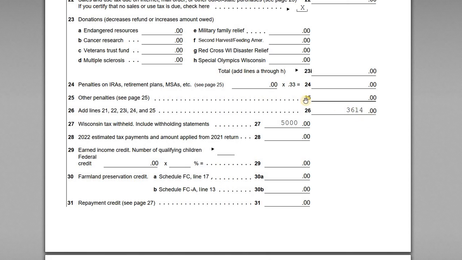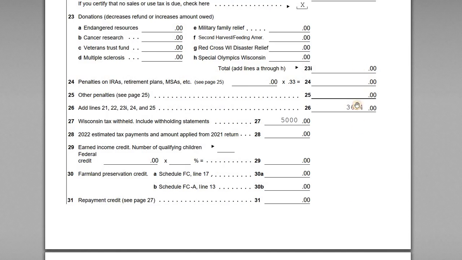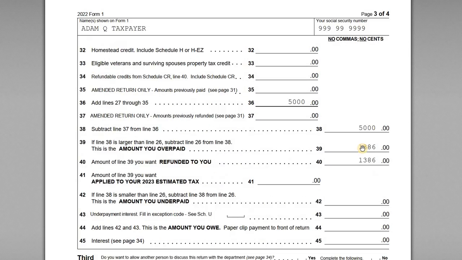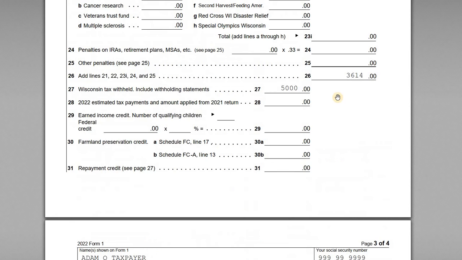And then we move down here. So the Wisconsin taxes withheld that he saw on his W-2. So remember, on his W-2, you can see the federal income tax withheld, and you could see the state income tax withheld. He had $5,000 withheld in state income taxes on his W-2, and so he's claimed the $5,000 credit there. And so when he moves on down to this last page, he can see that, okay, the $5,000 I had paid in, the actual amount of tax I owe is $3,614.